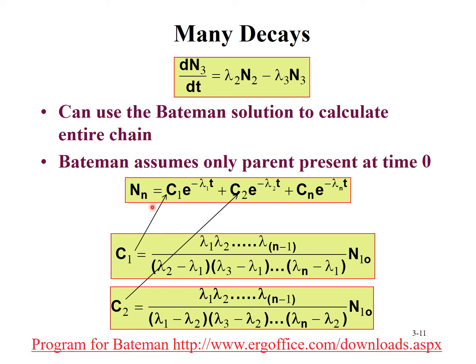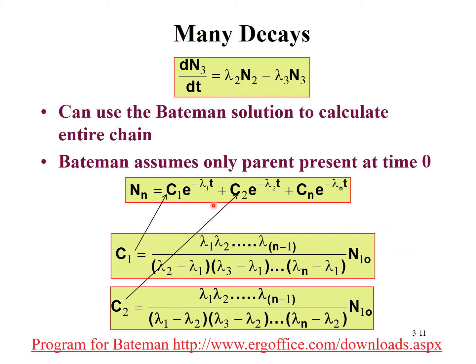It's equal to this factor here, which is shown as the decay constants from 1 to n minus 1, and the difference between the decay constants of 2 minus 1, of 3 minus 1. So of all of them for this n value, for this subscript value, all the decay constants minus that value, times the initial amount of the parent.